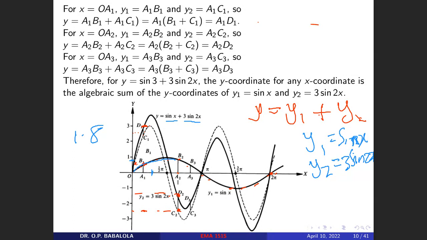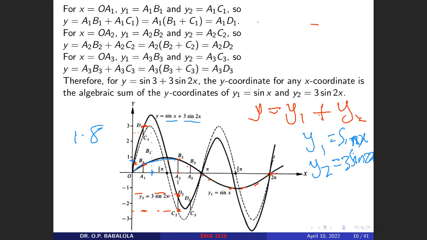Remember, you have selected a point on the x-axis. You trace it up to the first curve, and you trace it to the y-axis. Let's say it's 1.8. You continue tracing this same point up to your second curve for y2.